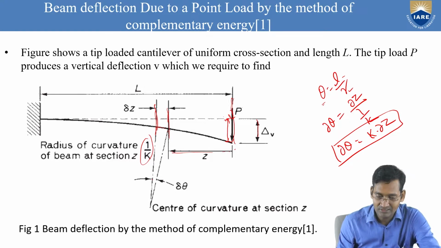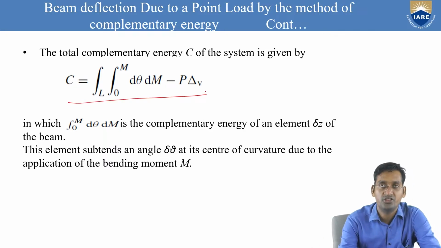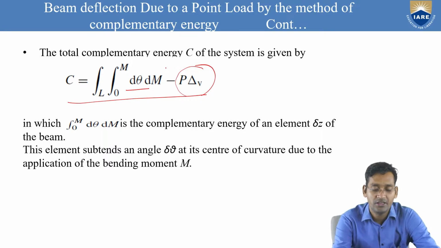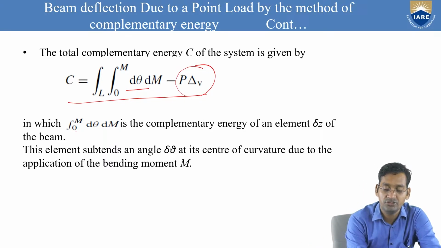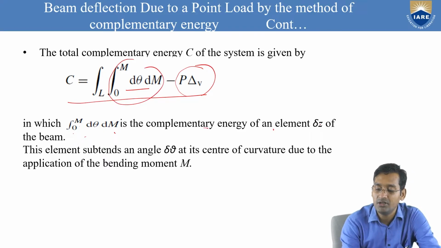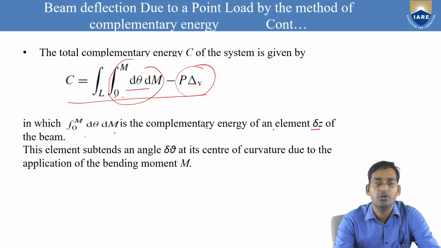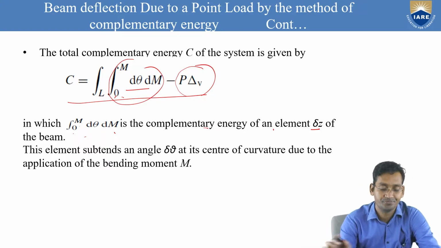Now see next. This is the complementary energy equation for this particular beam, that is the integral of d theta dm, and this is because of the virtual forces. In it, from 0 to m, this part d theta into dm is the complementary energy of an element dou Z of the beam. So for dou Z, the total is required, meaning from 0 to m we have to integrate.